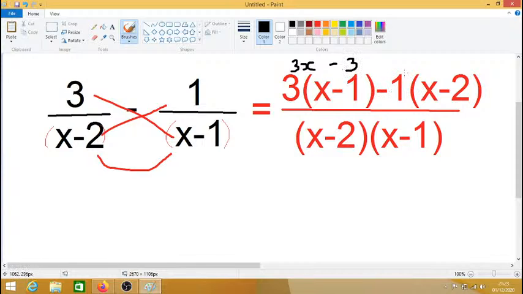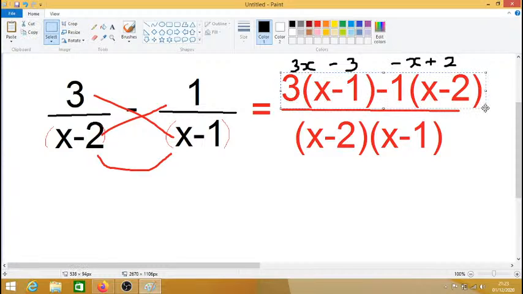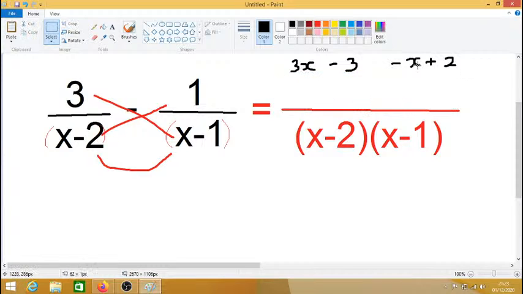We've got minus 1 times x, that's minus x. Minus 1x if you like. Minus 1 times the minus 2, that's going to be plus 2. So we can remove the bracket version for the one without the brackets.